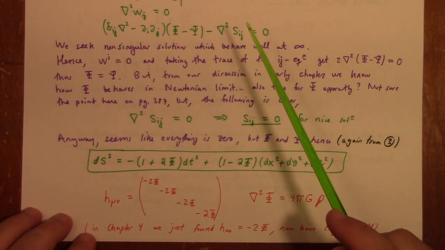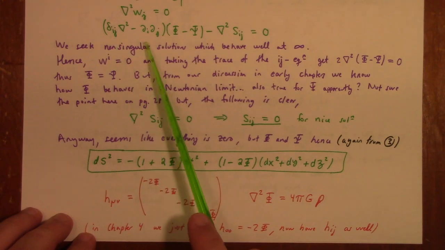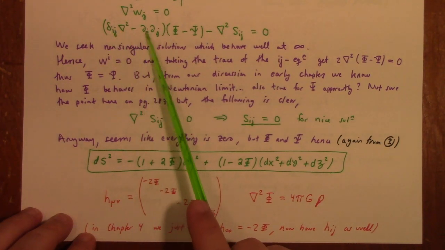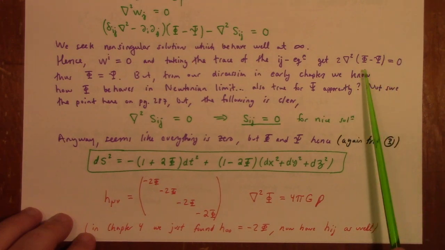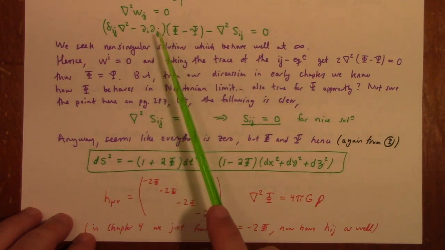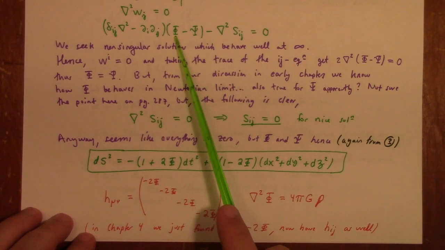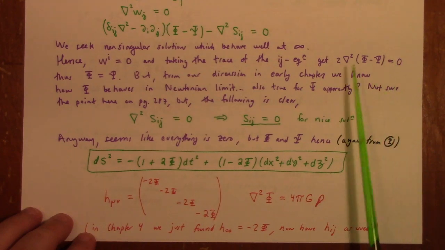Well, I think we're tracing over 3 indices, so that becomes a 3. And so 3 minus 1 is 2. All right, great. So we get 2 nabla squared psi minus phi minus psi equal to 0.